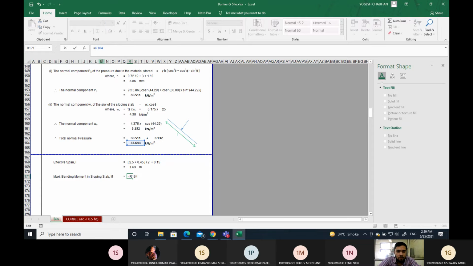Let us fix this. W L square, so into L square, so this again we have to fix.